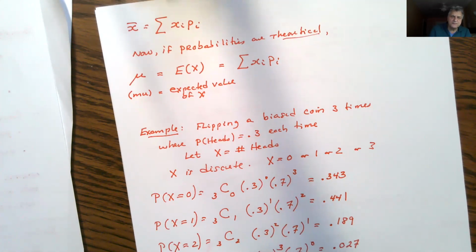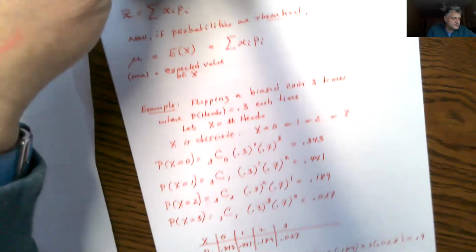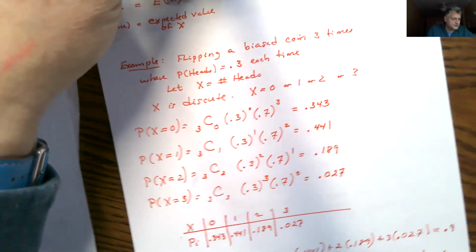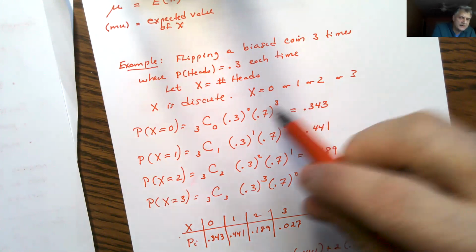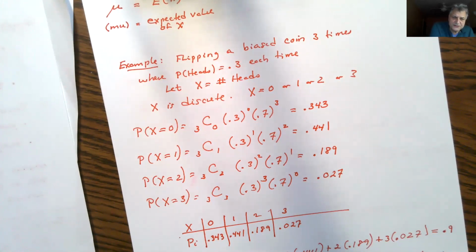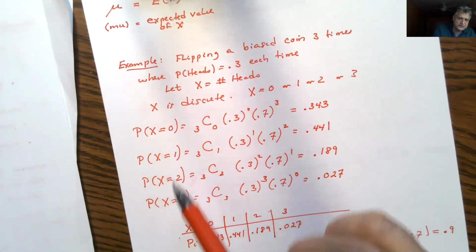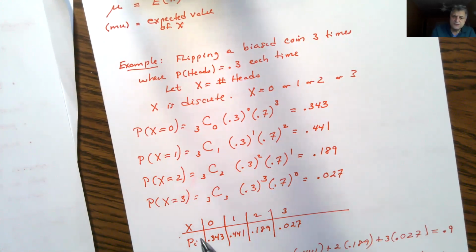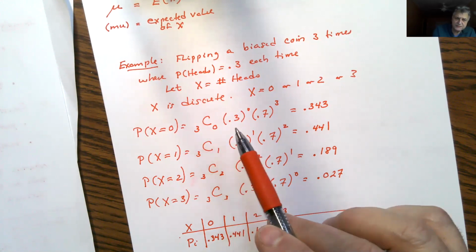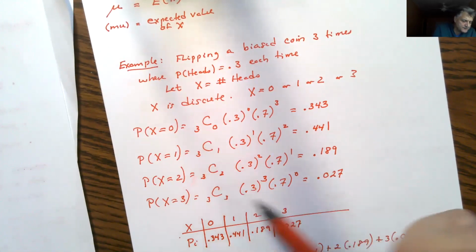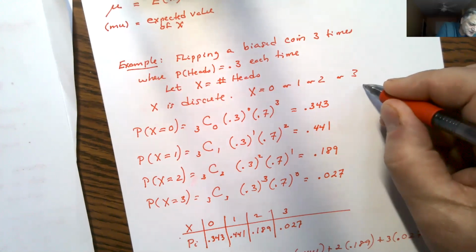So here's an example. Say you want to flip a biased coin 3 times, and the probability of heads each time is 0.3. Let x equal the number of heads. Okay, so x can be either 0, 1, 2, or 3. So you remember the formulas we had from last time to calculate binomial probabilities, which looks like this.